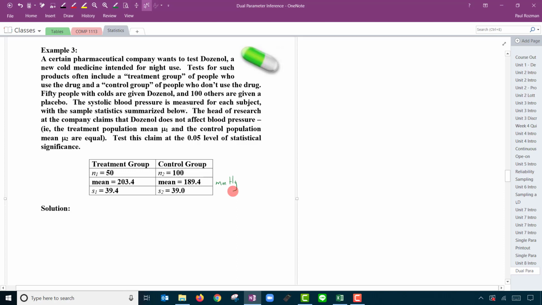The units are here, and the standard deviations are given too. So we don't have the raw data, we just have the summary stats. But we can go ahead and do the test.